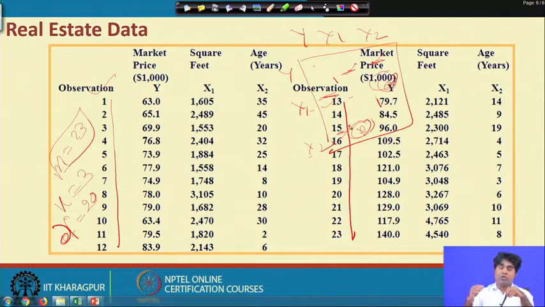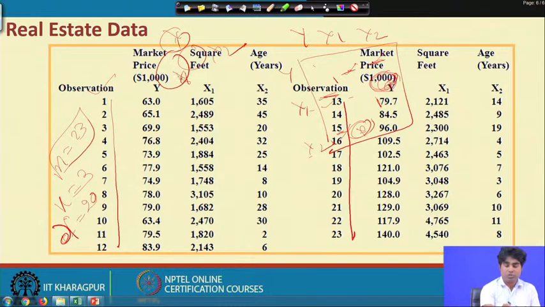So that means the problem will be like this: y with respect to x1 and with respect to x2. The correlation coefficient will give x1 and x2, and y x1 is here and y x2 is here.